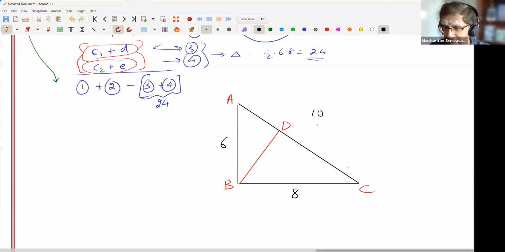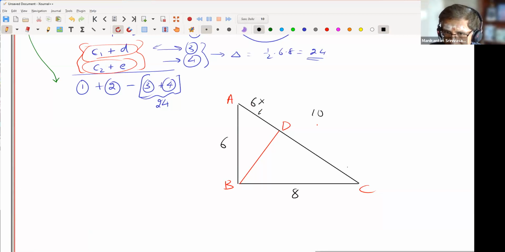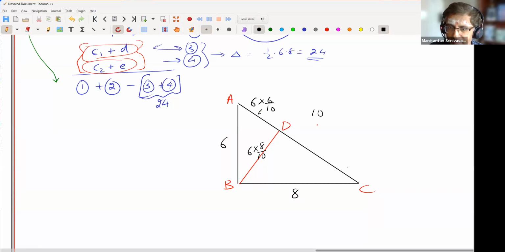We can see that by the AAA property very easily. So this portion AD therefore becomes 6 into 6/10, where 6 acts as the hypotenuse. And then BD would be 6 into 8/10, where 6 acts as the hypotenuse and BD is the middle length.